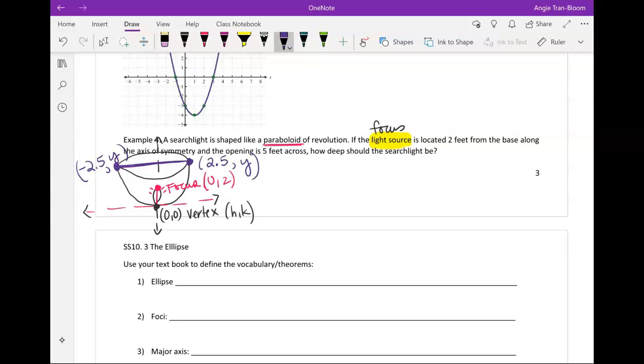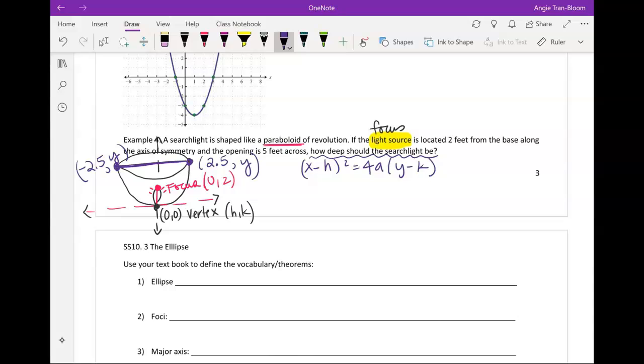So now what is it looking for? It says, how deep should the searchlight be? How deep means I'm looking for the height of this searchlight, which means I'm looking for the y value. Since it opens up, let's put it back into the formula of a parabola. Opens up means your formula is (x minus h) quantity squared equals 4a times (y minus k).